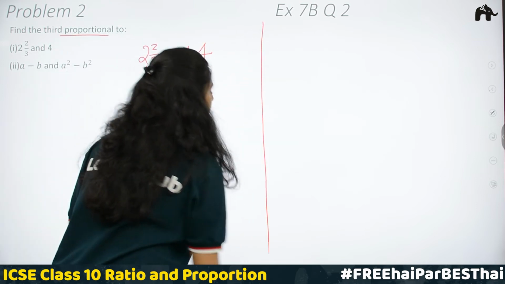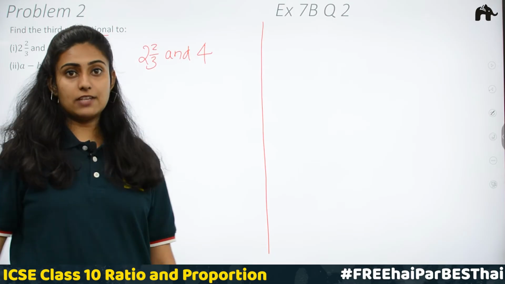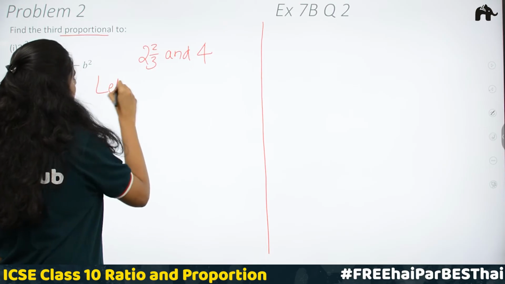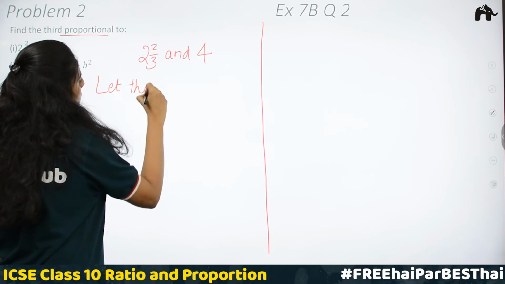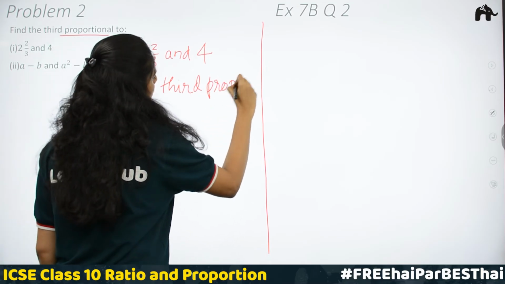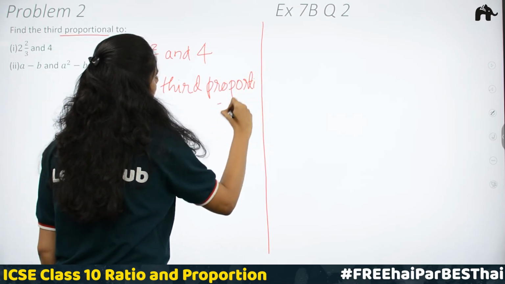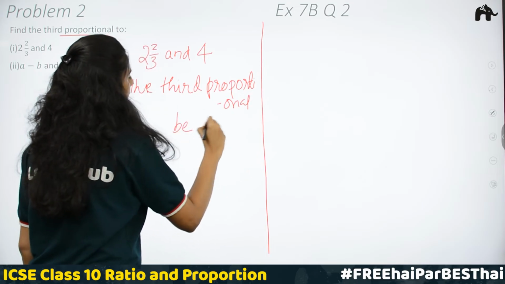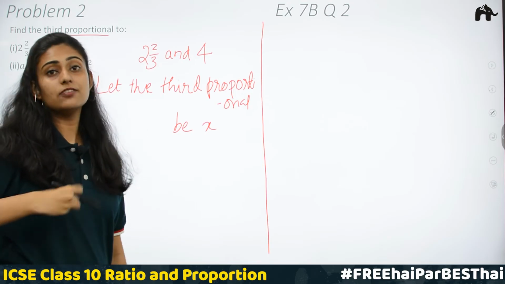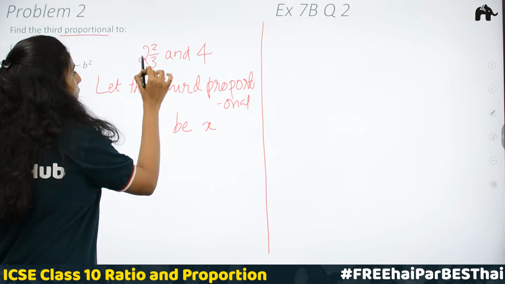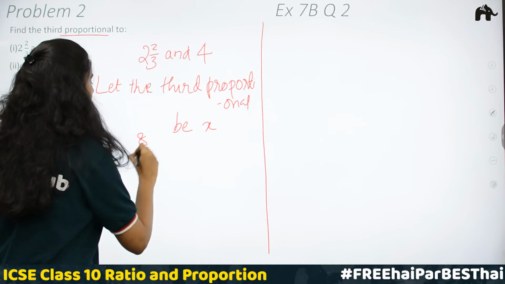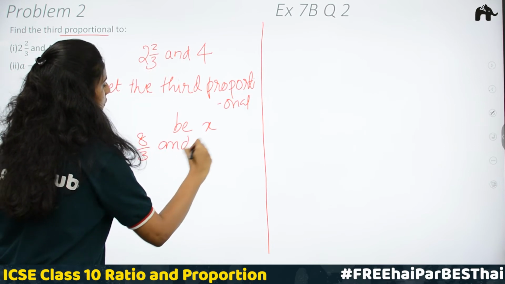Here we need to find the third proportional, so let the third proportional be x. Here we have a mixed fraction. We need to first convert it into an improper fraction. 2 into 3, 6. 6 plus 2, 8. 8 by 3 and 4.